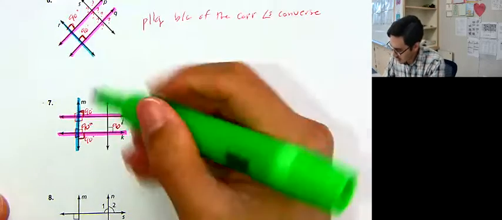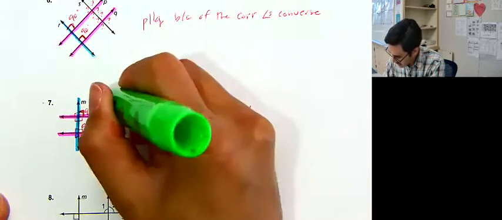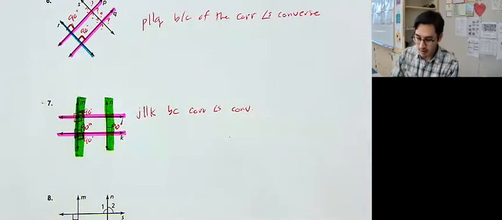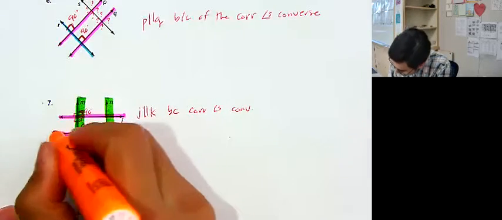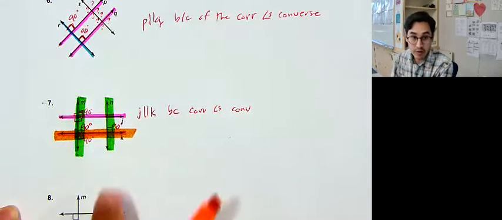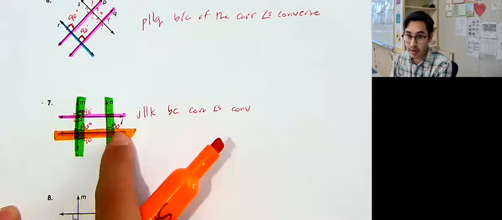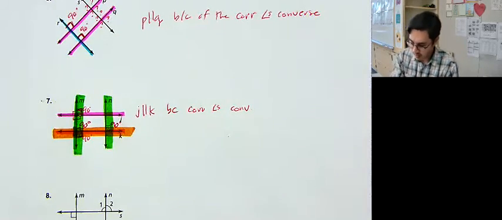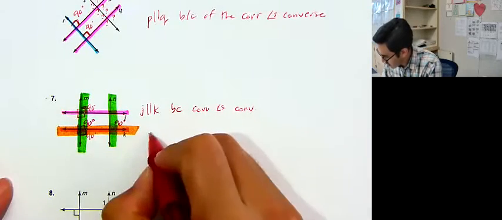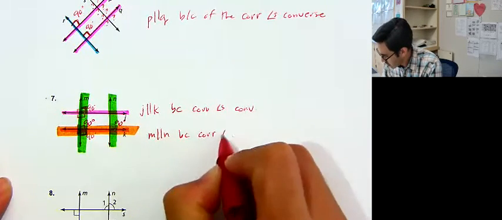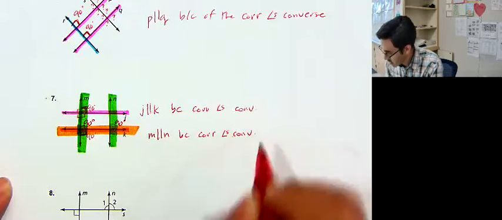So we can say that lines M and N are parallel because where we have this orange transversal, we have 90 degree measures in the same corresponding position. So M is parallel to N, again, because of the corresponding angles converse.